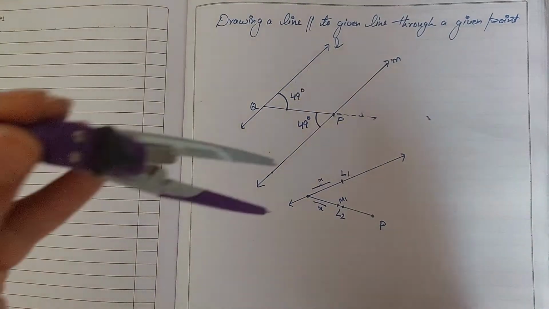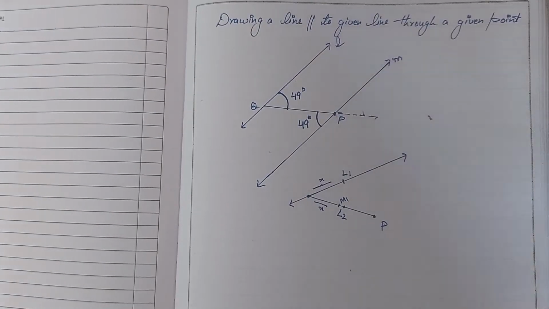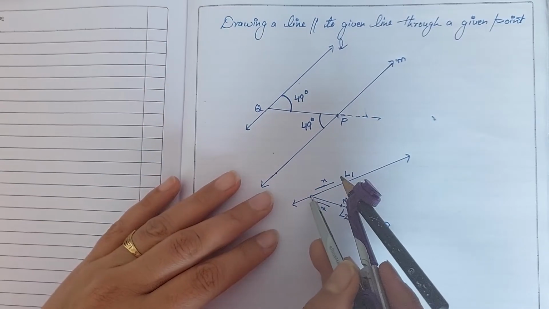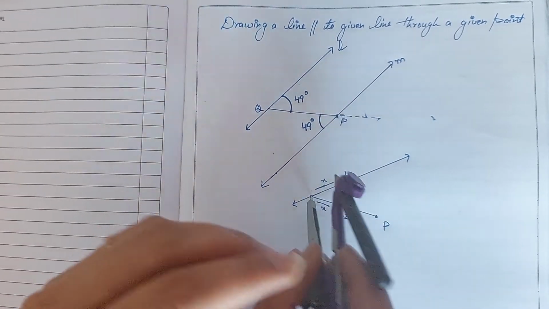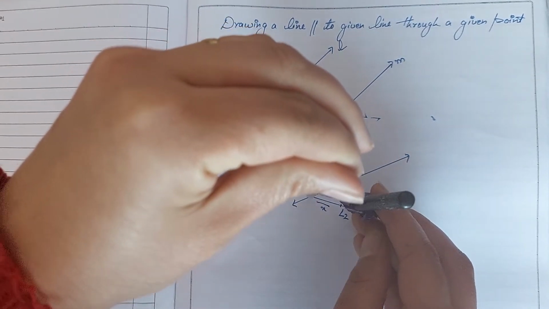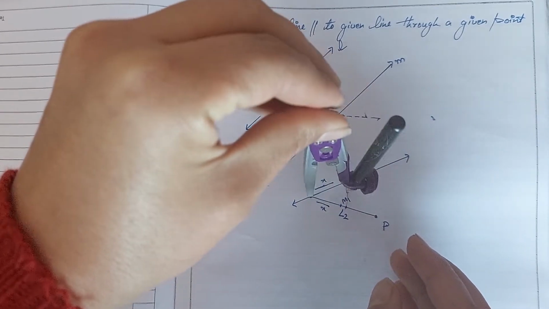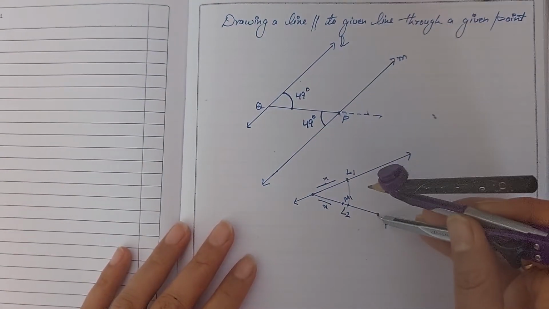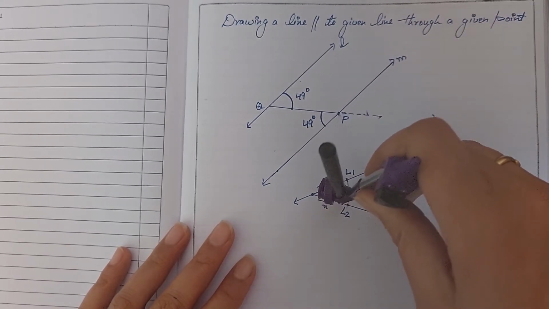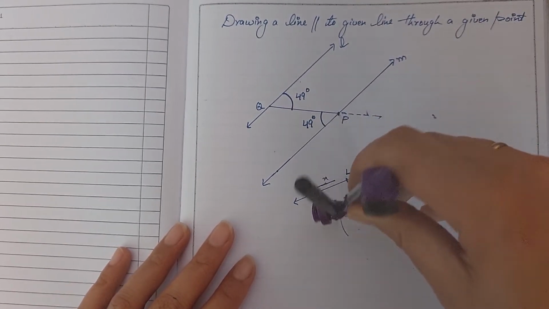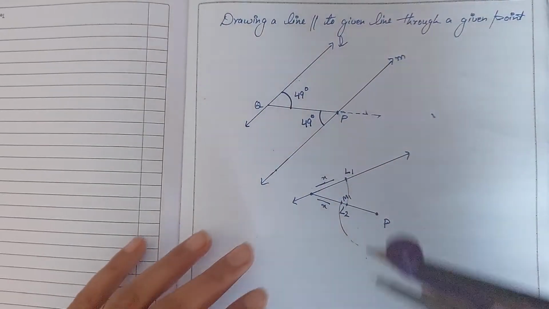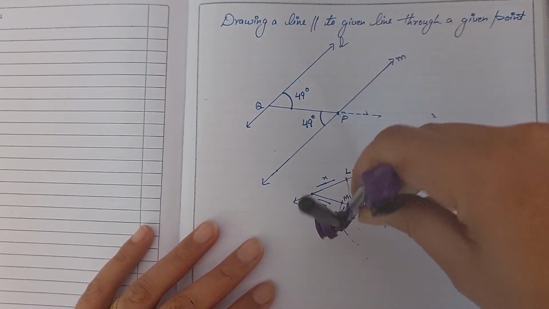Now I've taken a compass. Now this is X and this is X. I'm just joining it. Similarly, here this distance is also X. I've also joined it here, and we can draw it longer.